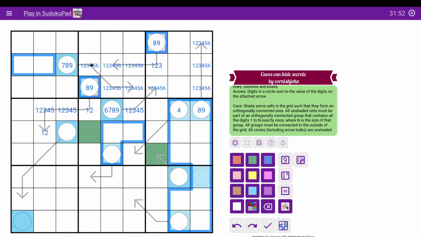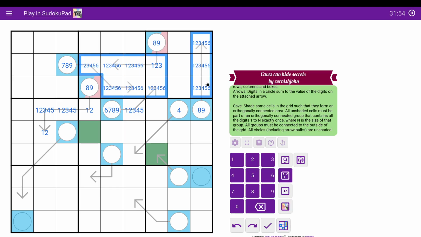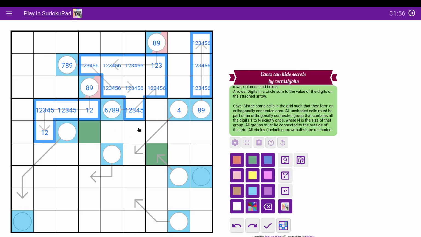Let's revisit my technique of adding all the arrows up. Let's see if we can tighten that a little bit. 1 through 5, 1 through 5, that's 30. 30 up here for 3 digits, 3 blue cells, and a part of another. 17 plus 9 would make 26.